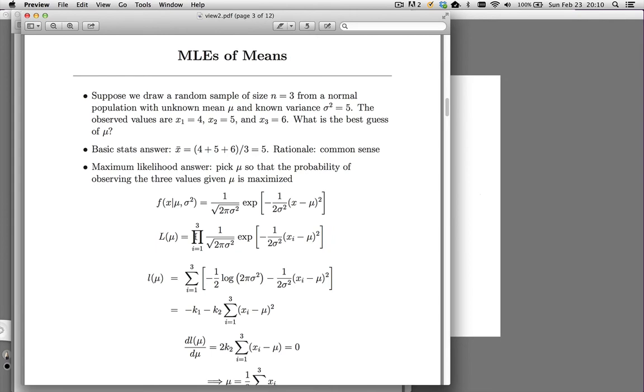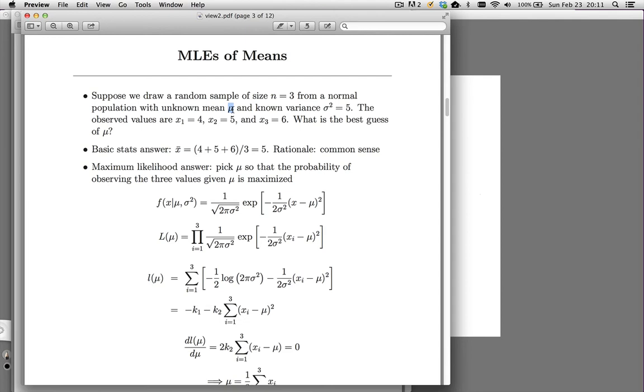Let's look at another example, and let's keep this kind of simple. Hopefully through these examples you'll see how this generalizes to larger samples. But let's say I have a random sample of size 3 from a population that I know is normal. Problem is, I don't know the mean.